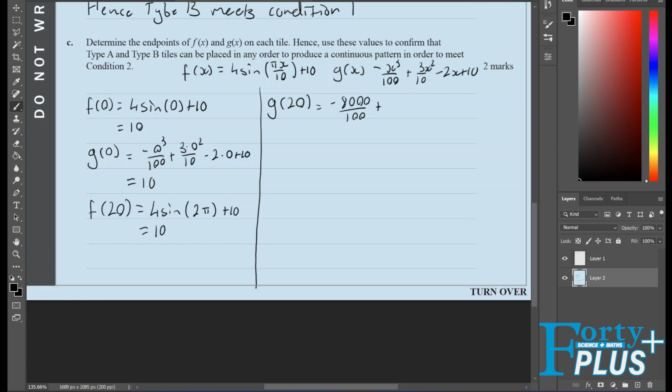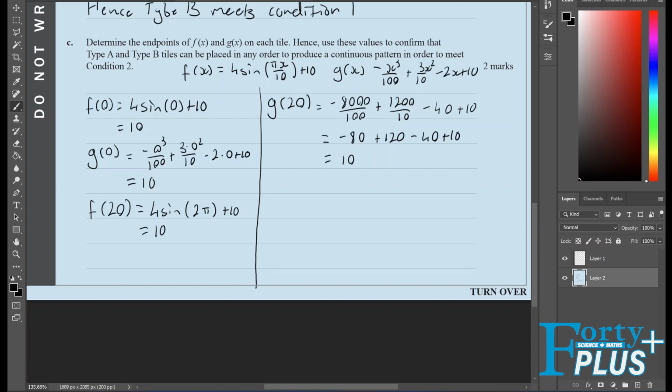X squared, or 20 squared, is 400, so that's going to be 1,200 over 10, minus 2 times 20, so that's 40, and then plus 10. Negative 8,000 over 100 is minus 80. 1,200 over 10 is 120 minus 40 plus 10. And that is going to simplify down to 10.